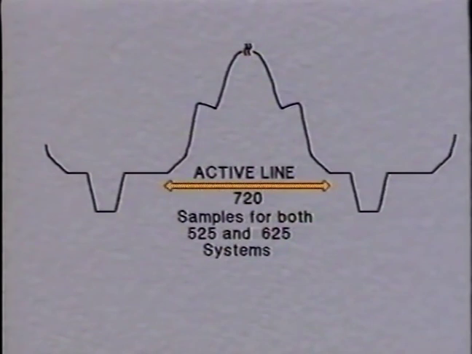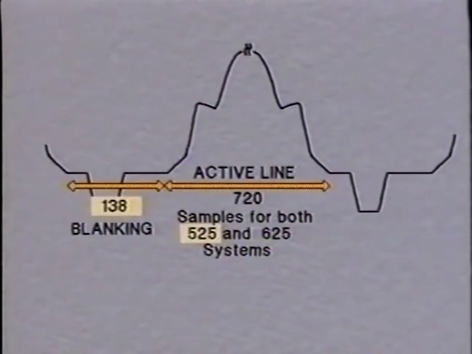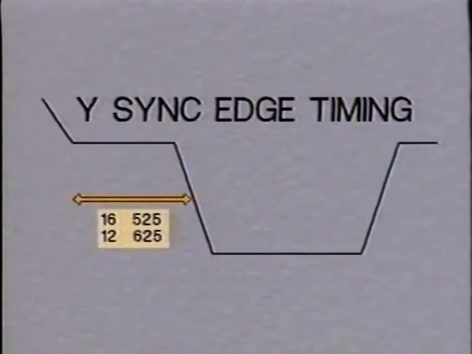The total line lengths for both standards are different, 525 having 138 in the horizontal blanking period, and 625 having 144. The luminance sync edge timings occur after 16 samples for 525 and 12 for 625.